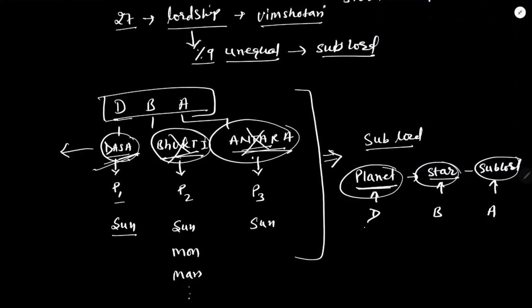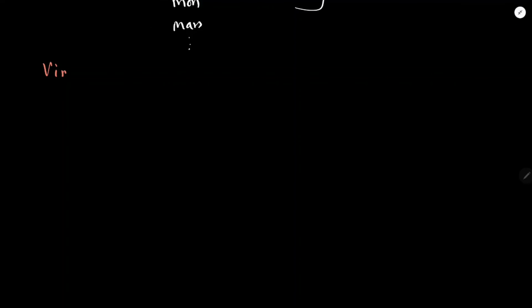If the planet is favorable, the star is favorable, but the sublord is not, then this planet is not favorable for that event. And if the planet is favorable, but the star is not and the sublord is not, the planet is not going to give the result, right? So this is just a brief about a few things.